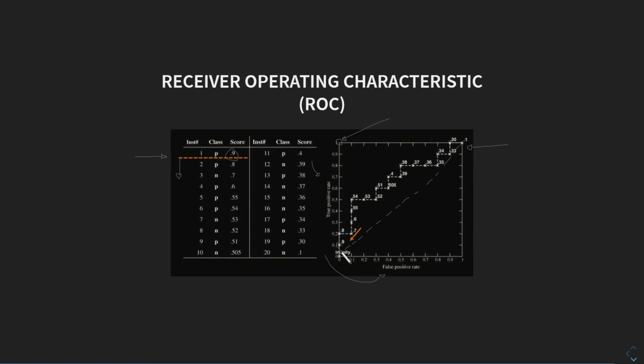And this is noted per point, essentially. So each point here is, at that point in our test set, how the true positive versus the false positive rate is. And then we can also calculate the area under the curve, as this is called.